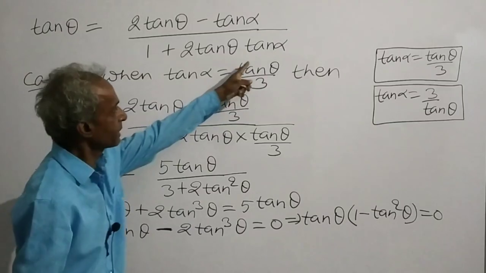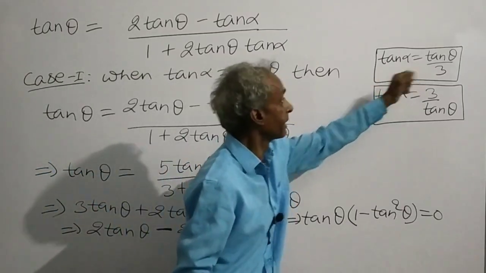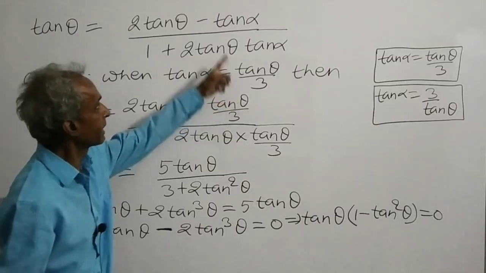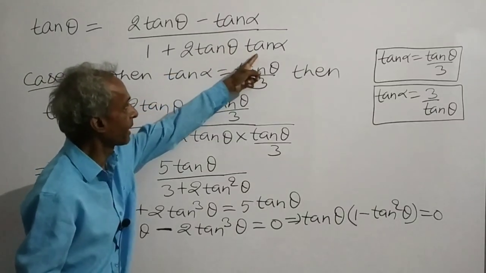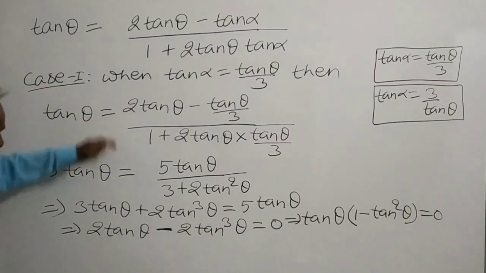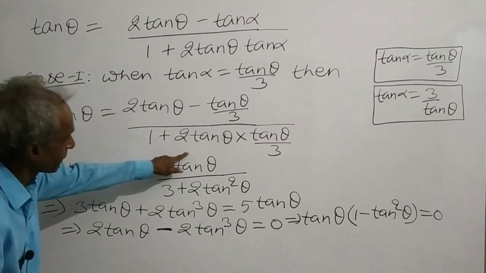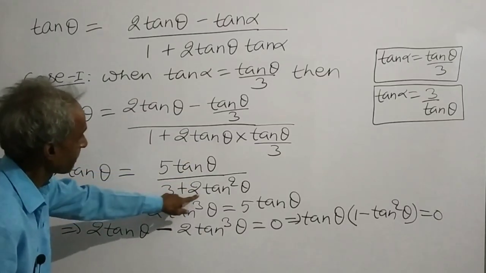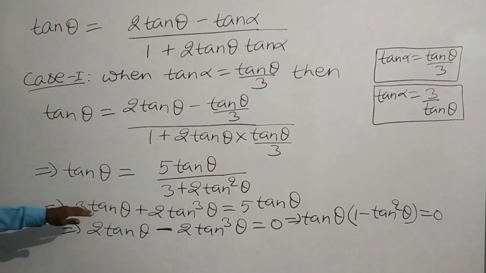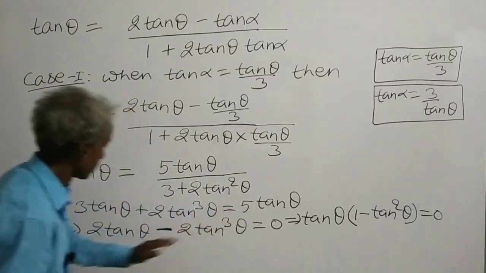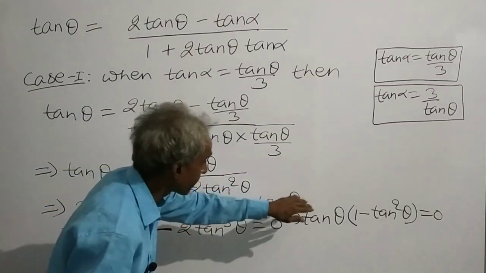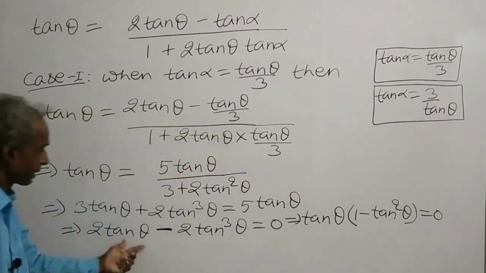Case 1, when tan alpha is equal to tan theta by 3, then we put tan theta by 3 in place of tan alpha here, tan alpha here. Then we get tan theta is equal to 5 tan theta by 3 plus 2 tan square theta. After cross multiplication, we get this. Shift this and this to the right hand side and write RHS first.